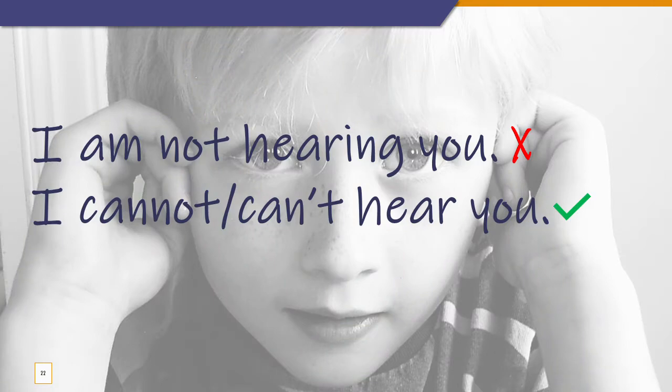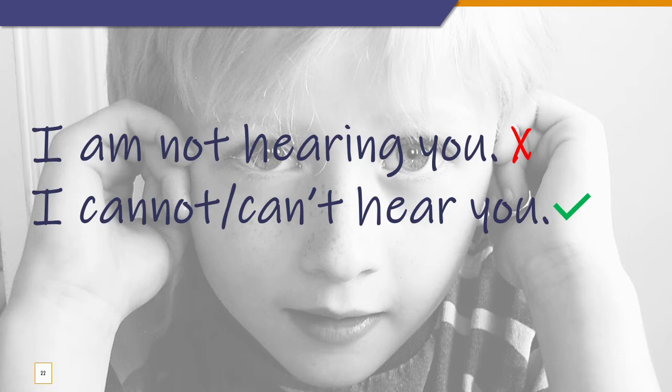And same with hear. If you can't hear someone, especially when you're talking to someone on the phone, it's a very common mistake for people to say I'm not hearing you. Even in the classroom, when you're sitting on the back benches, if you can't hear the teacher, you don't say I'm not hearing you. You should say I cannot hear you, or I can't hear you.